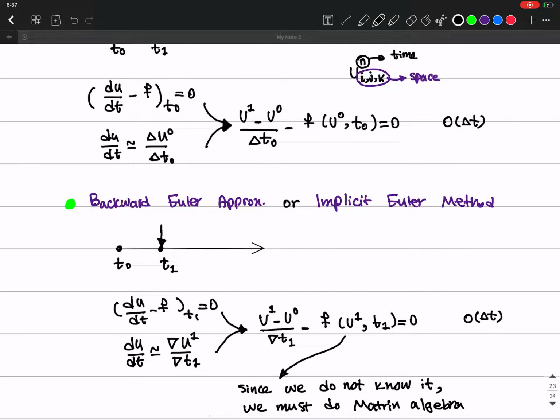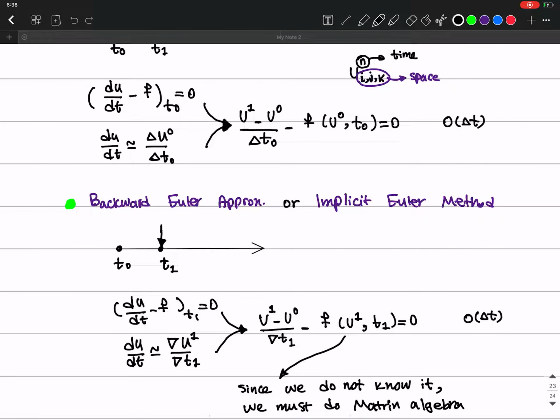By that I mean we have to have a matrix here and implicitly solve the equations, right? So we cannot explicitly solve it like here, and we have to implicitly solve it because we don't know what it is, and we only know this one, and we have two unknowns. So we have to solve this with matrix algebra.